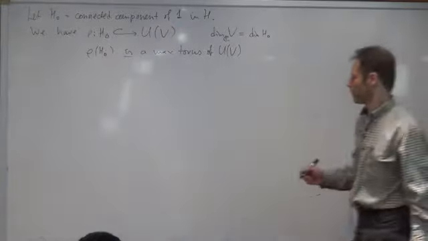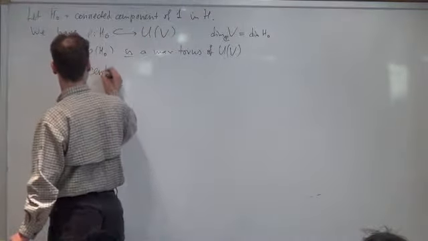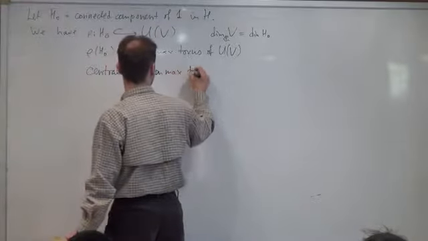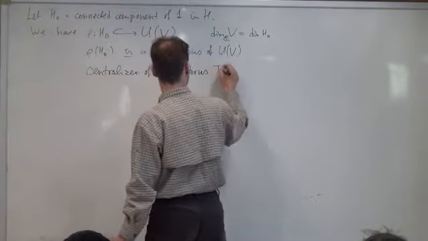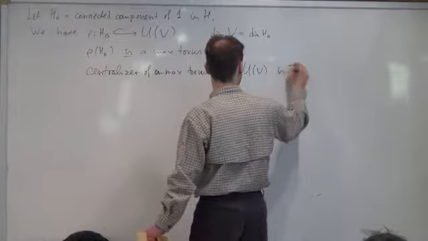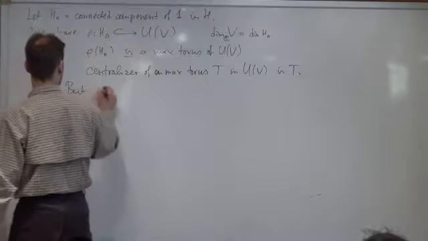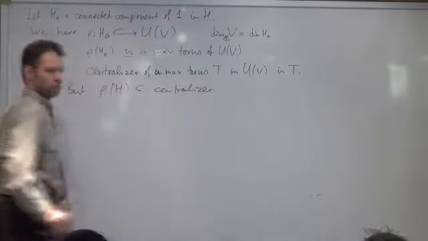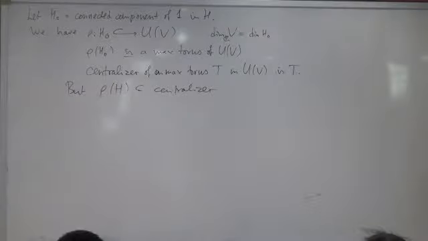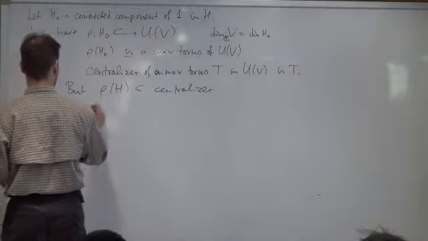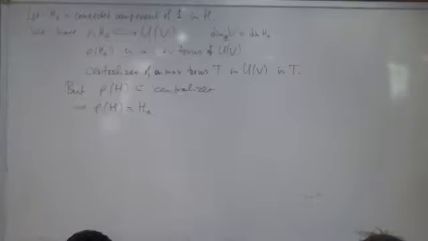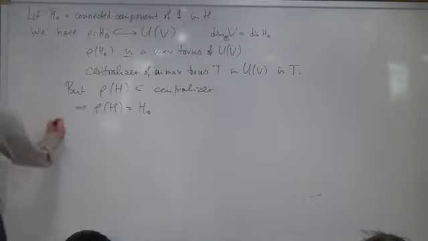So the centralizer of a maximal torus T in U(V) is T, but rho of H sits in the centralizer, right? We start with an abelian group. So that tells me that rho of H equals H naught. Magic. What does it tell you about H?